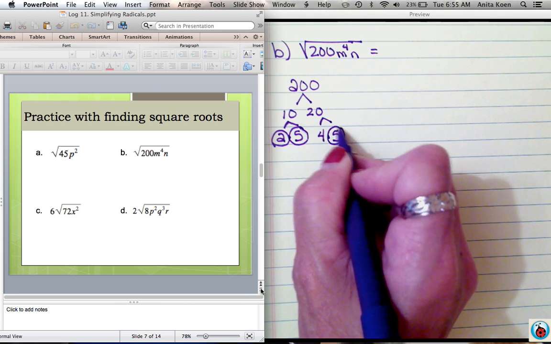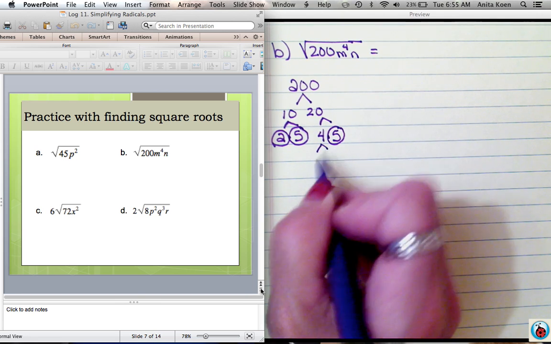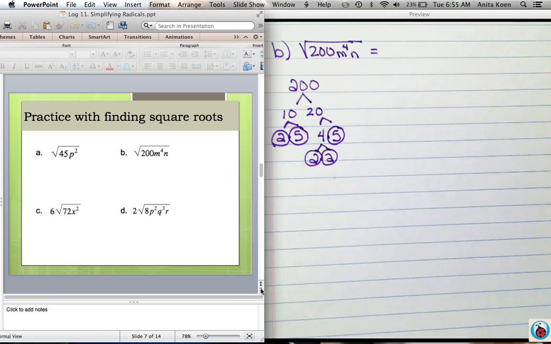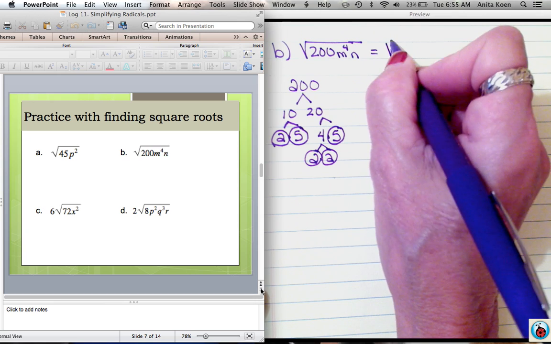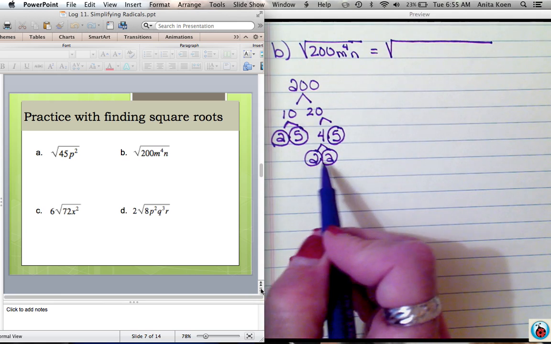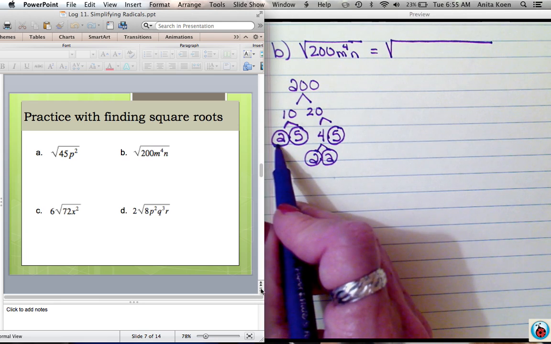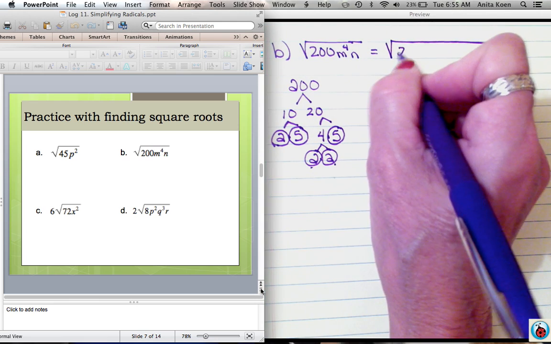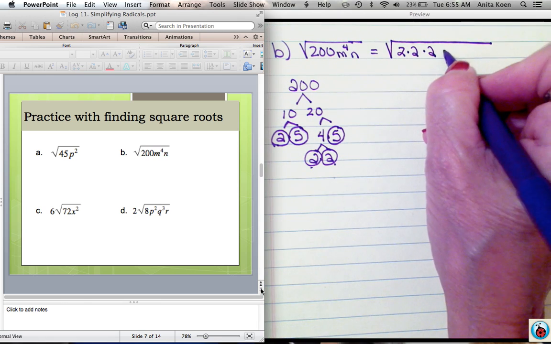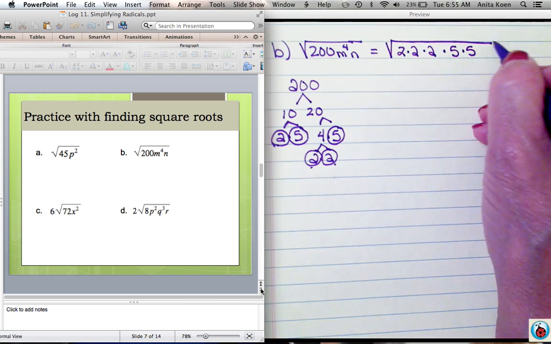Well, 5 is a prime factor, but 4 is not. 4 is 2 times 2. So 2 and 2 are now prime factors. So I'm going to write 200 in prime factorization. I have 3 2's, 2 times 2 times 2, and I have 2 5's, 5 times 5.